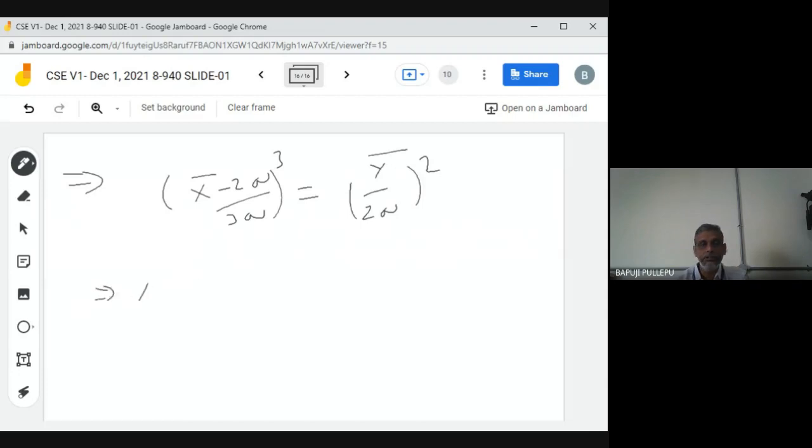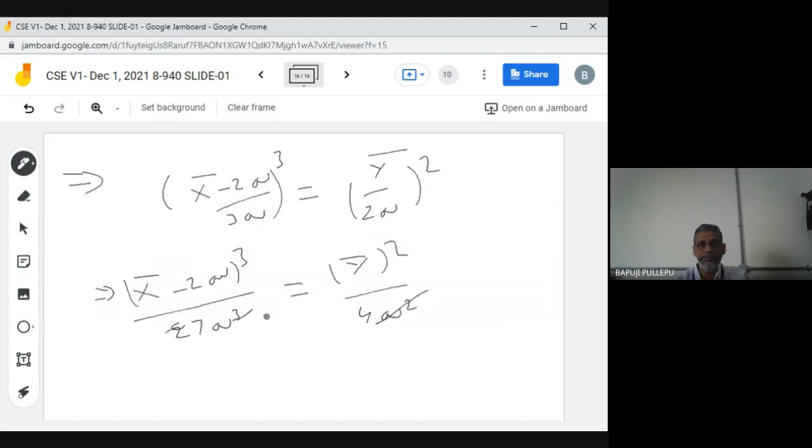This is what you will get. X bar minus 2a whole cube by 27 a cube is equal to y bar squared by 4a squared. This a squared, this a cube will cancel. Correct?